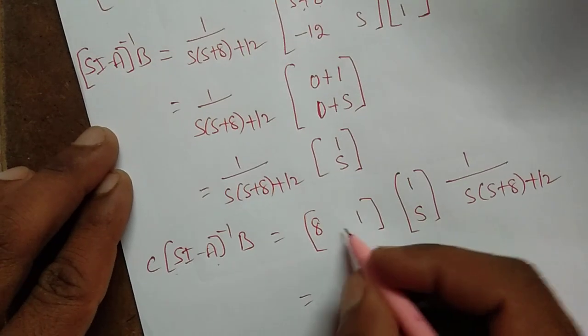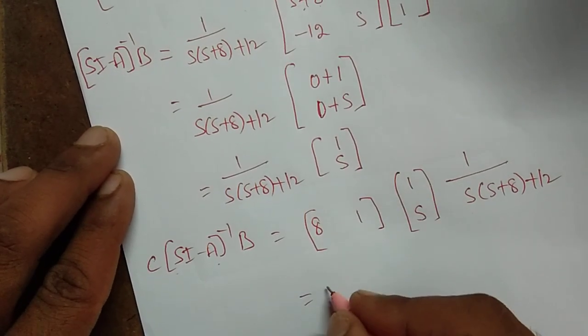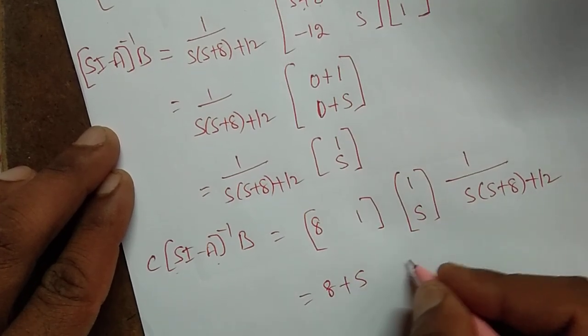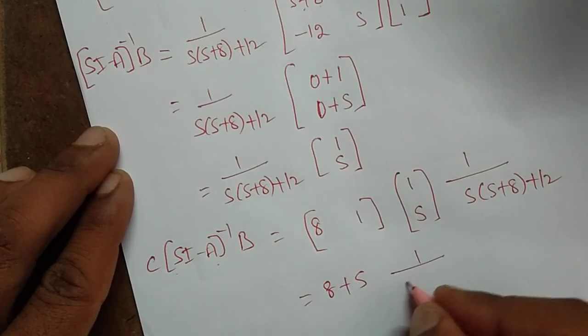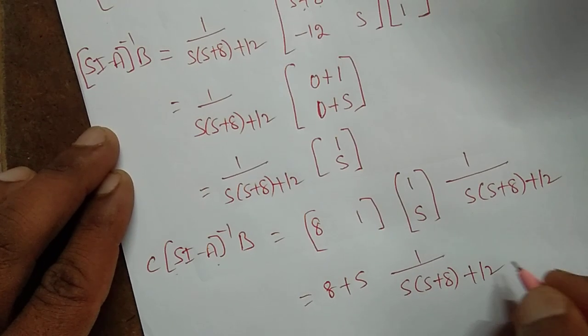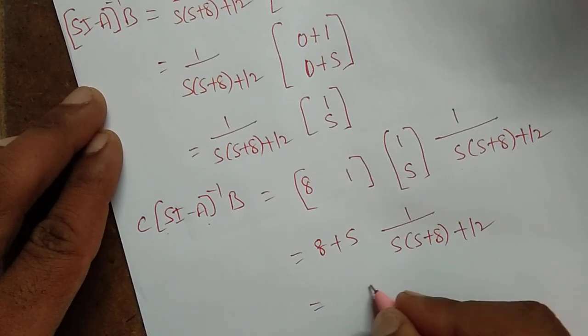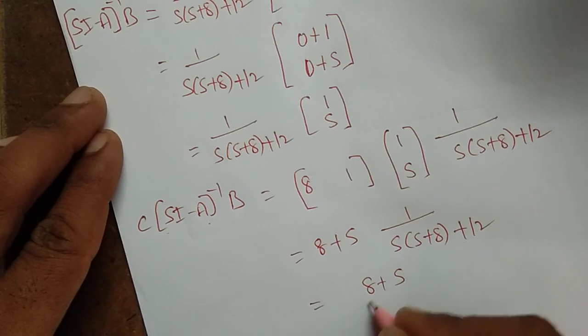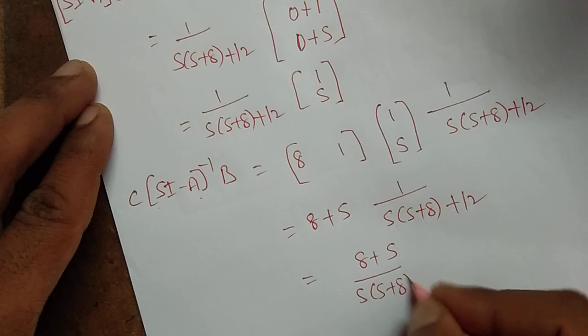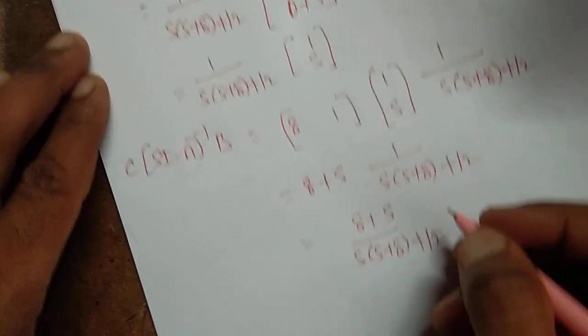That is 8 into 1 is 8, plus 1 into s is s, divided by s into (s plus 8) plus 12.